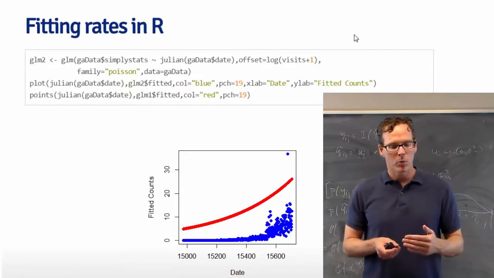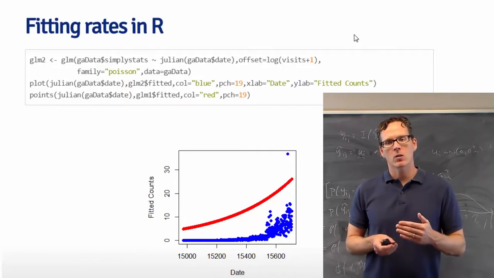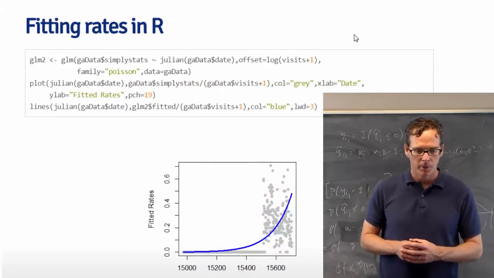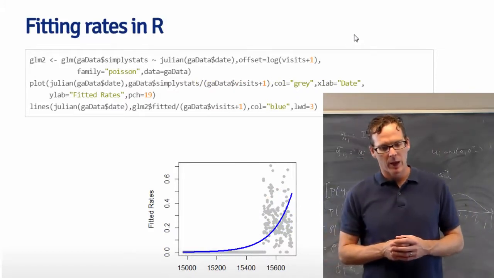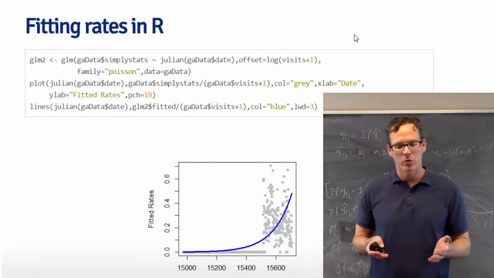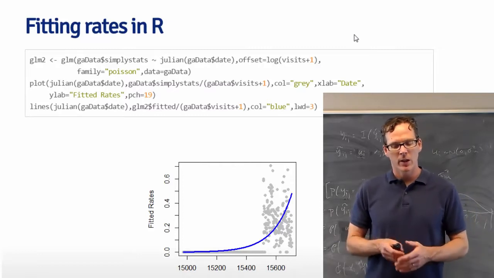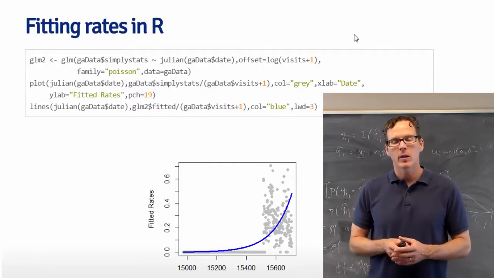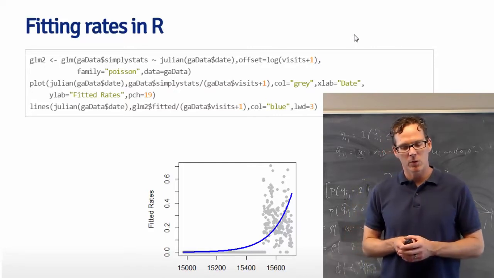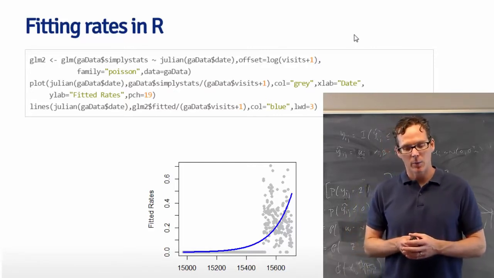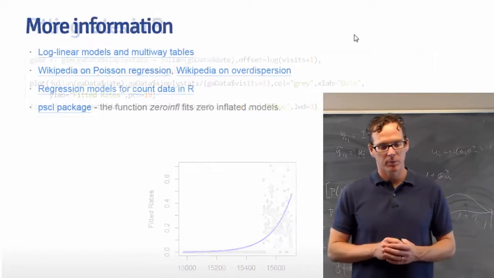So these blue points are adjusted for the red points in a sense. And this actually shows the fitted model relative to the data. There were a lot of zeros early on, and then it took off quite a bit. But this is the fitted model. The blue line is the fitted model, and the gray points are the actual data points.